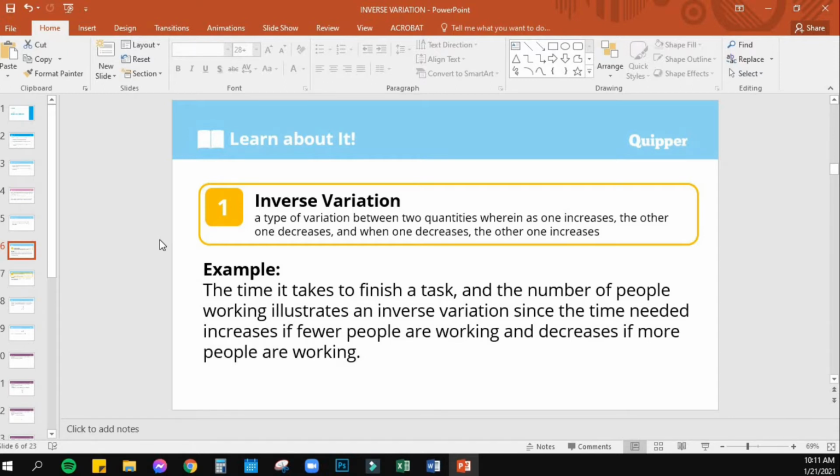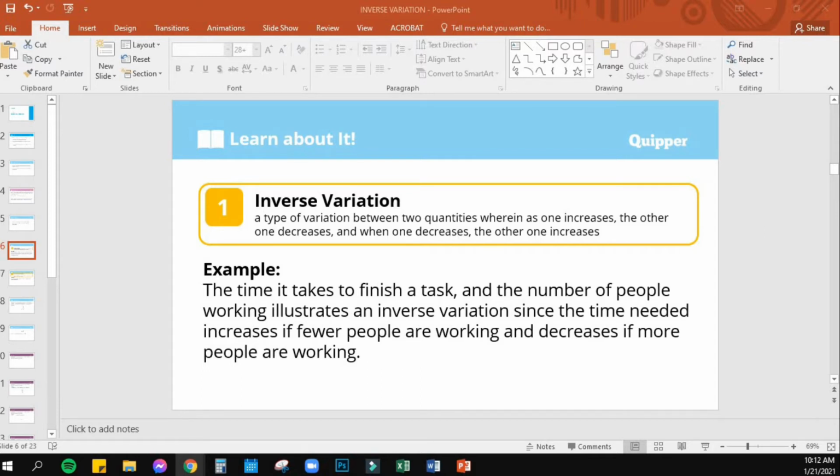Okay? So there is an example here wherein it talks about the time. Will you please read that example of an inverse variation, Mary? The time it takes to finish a task and the number of people working illustrates an inverse variation. The time needed increases if fewer people are working and decreases if more people are working.